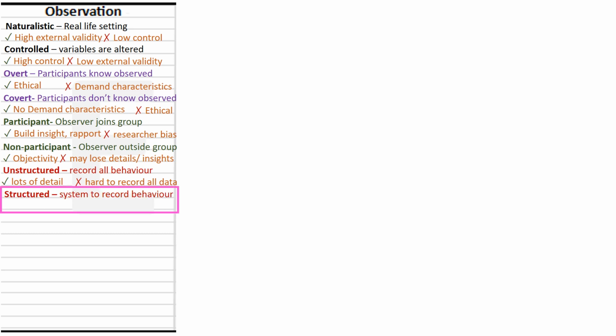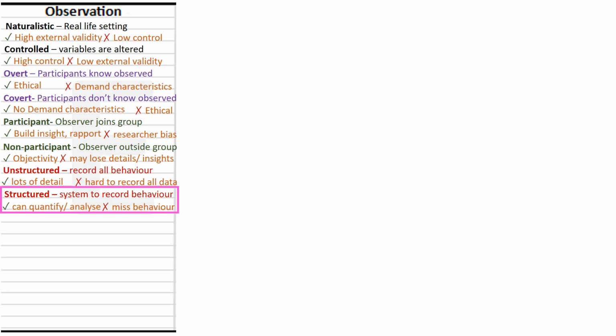Okay, so our other option is to have a structured system. So we actually put something in place in order to record the behaviors that we are going to be identifying as a priority. So this is quite handy. When we come away from the observation and we've got a list of behaviors that we've observed, we can then quantify what we found, and we can analyze the data in the form of numbers and put this into graphs, charts and tables and that kind of stuff.